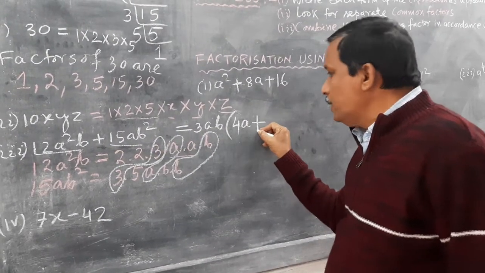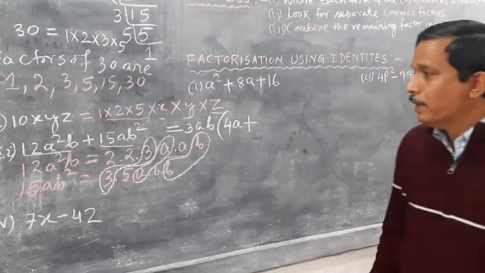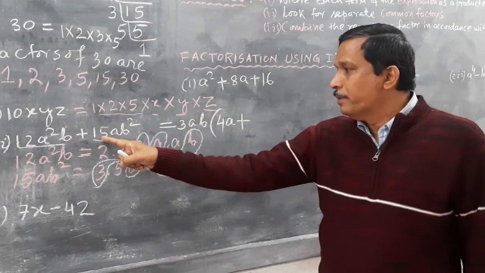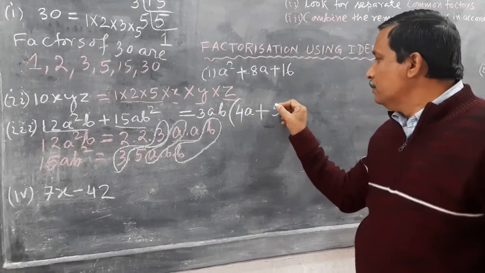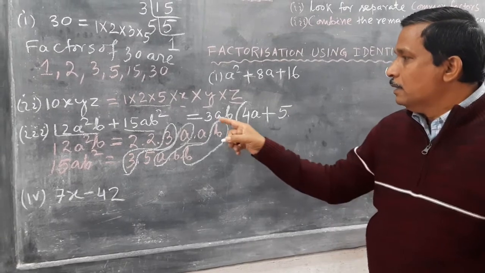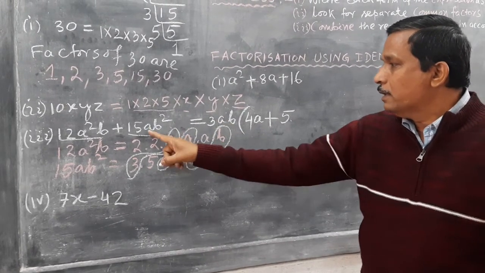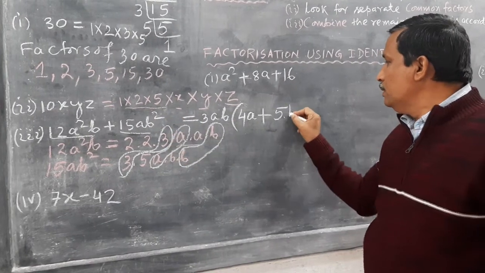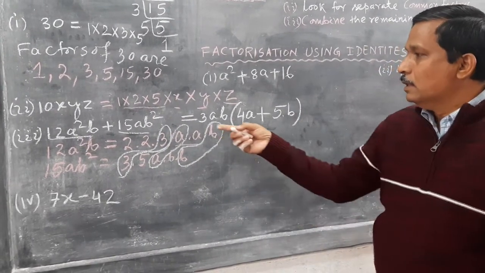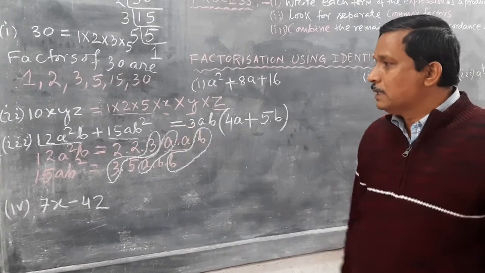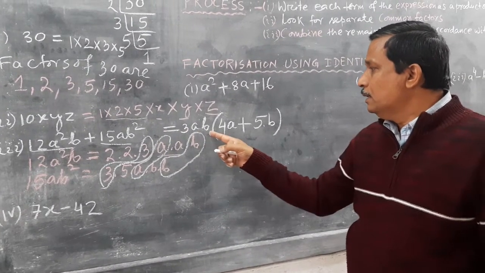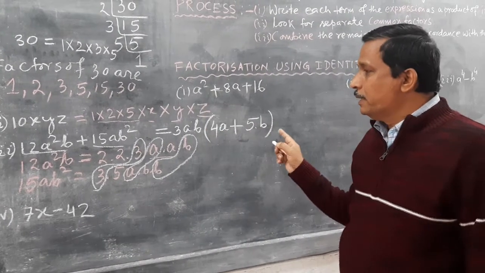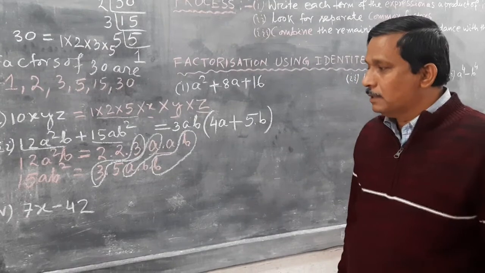If there is a minus sign, then it must be minus. Now, you have taken out 3 from 15, so 3 5s are 15. Next, a is already taken out. Then b square, one b is taken out, so one b will remain here. So the factors of this expression are 3ab and 4a plus 5b. So these are the factorizations of this algebraic expression.